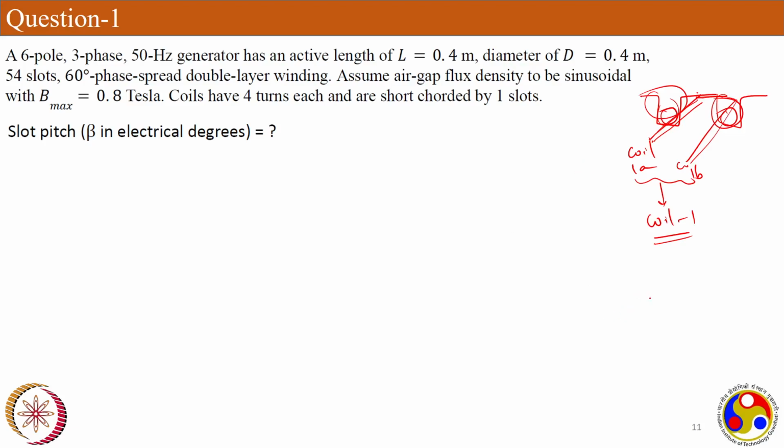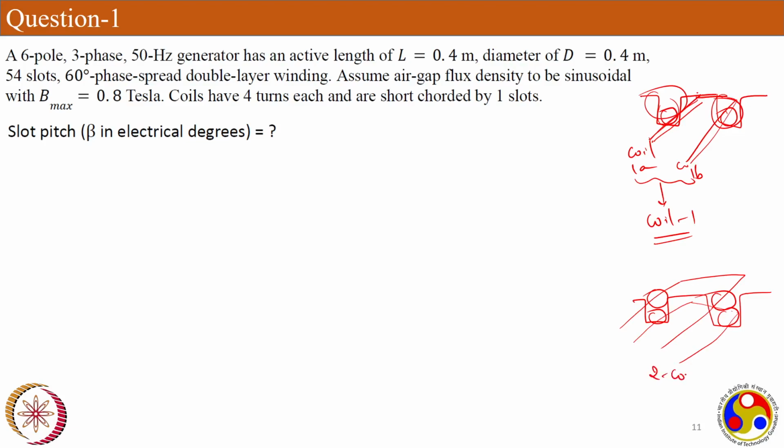Now let's say I go for a double layer winding. I will place one coil here and return here, and I will place another coil on top of it. So another coil will go, another coil will come back. In this case, these two slots accommodated how many coils?